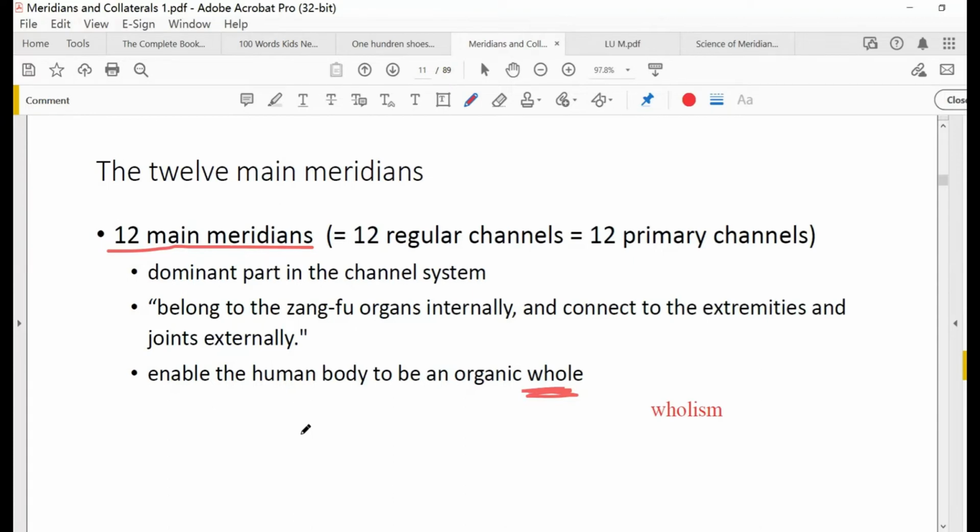So if one organ is affected, the other organs will be affected. So we need to find exactly which organ is the primary one. Once we find the root, the primary organ of the disease, then we can treat this primary organ, and the other organs will be treated.